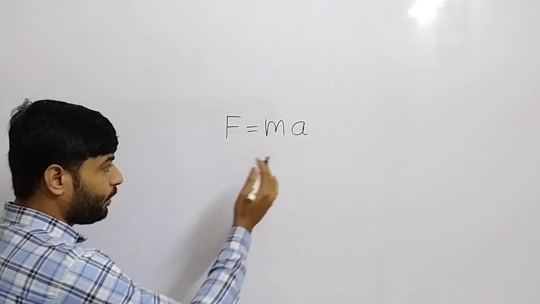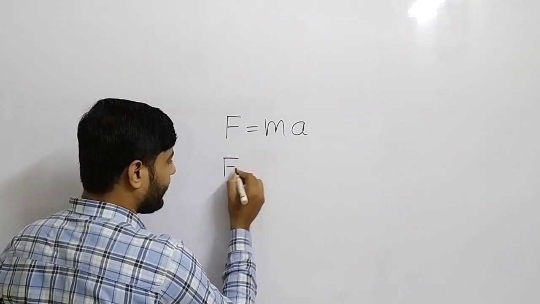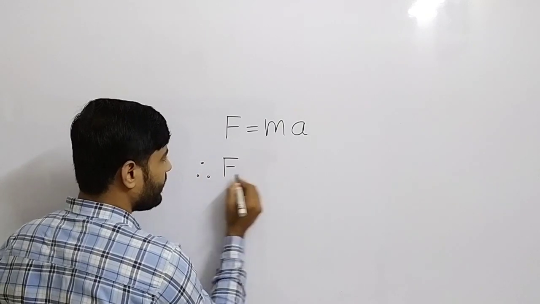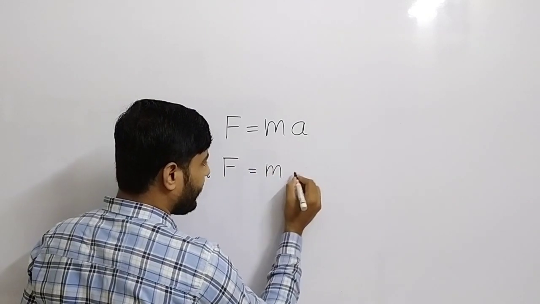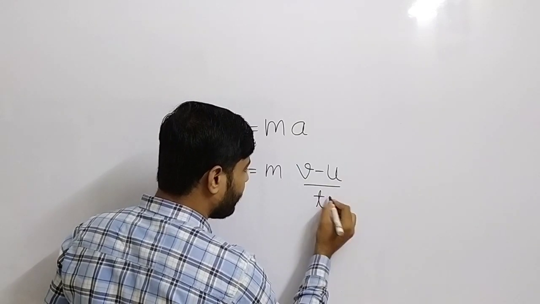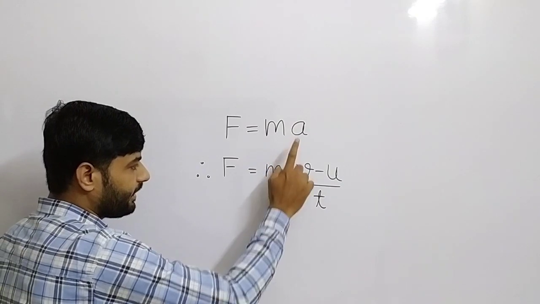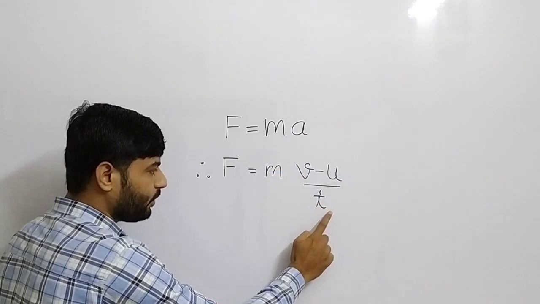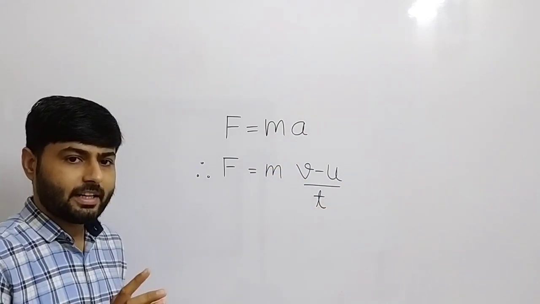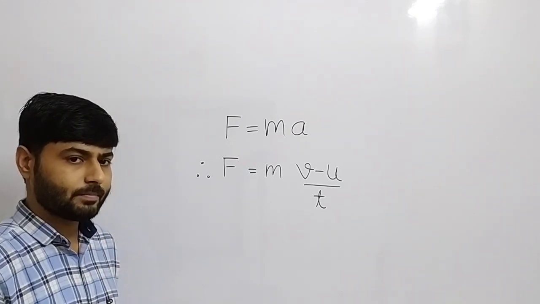Let's put a value of a here. So I got F is equal to m (v minus u) divided by t. Here a is (v minus u) divided by t, that is rate of change of velocity.